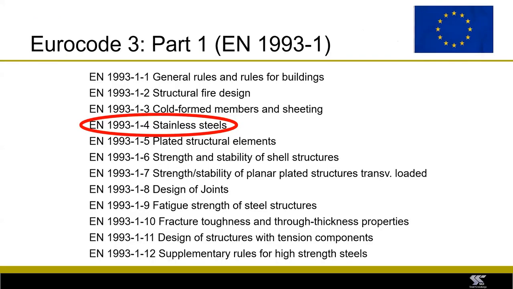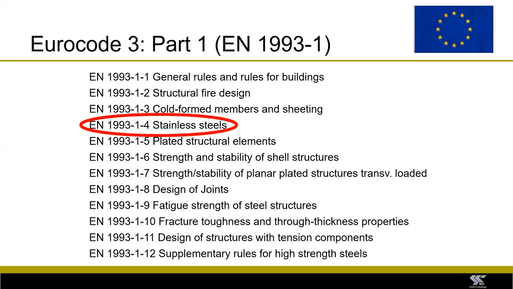I'm going to tell you about some other alternative stainless steel design standards now. And the first is the Eurocode, of course, very, very close to my heart, as I've chaired the technical committee for this standard for, I don't know, 13 years. So here we are.